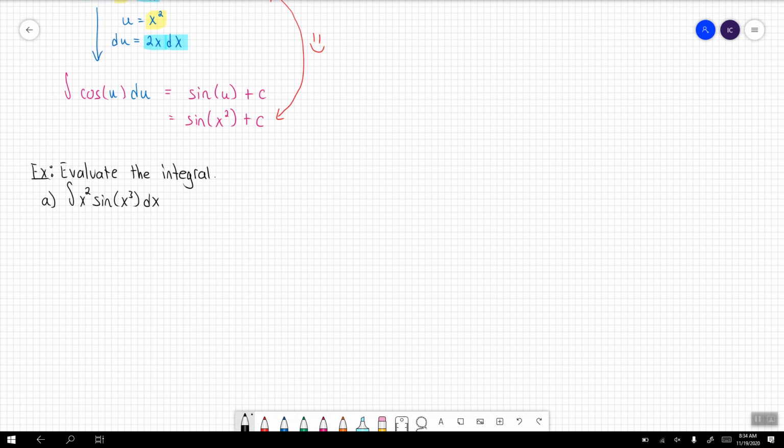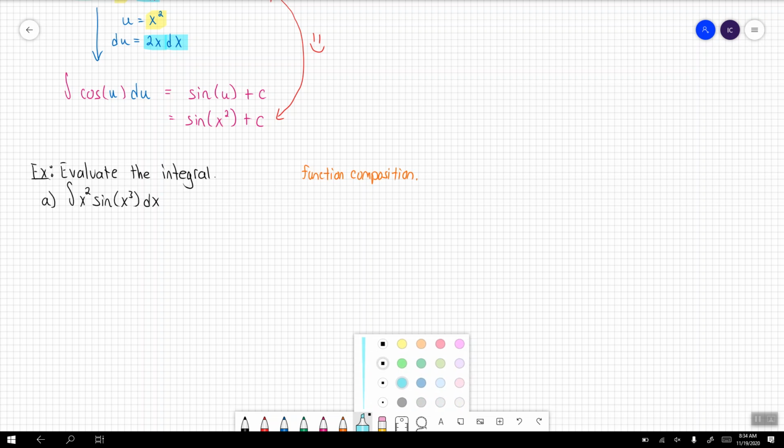Number one requirement: is there a function composition? I'm just going to write that on screen here, function composition. That's what we're looking for. If we do, let's find it. All right, I see my function composition right in here. So I see that requirement is met.